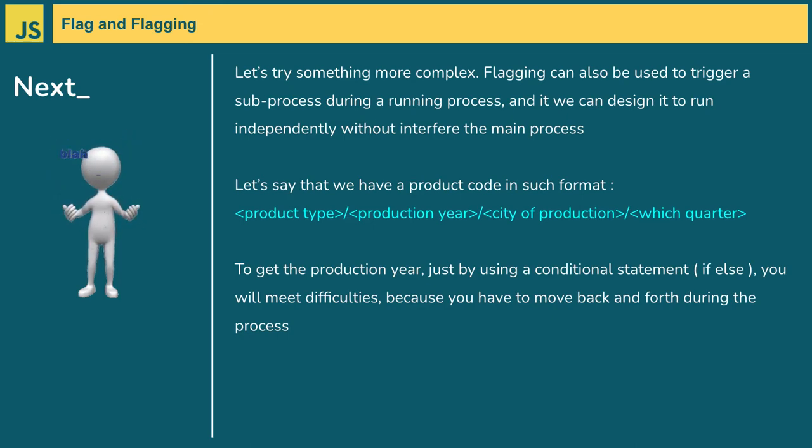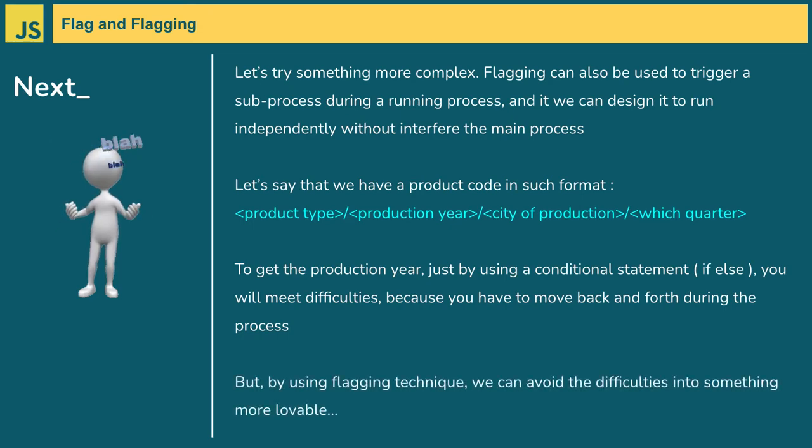The basic idea if you are using if else is, if I meet the first slash, then I will create a new nested loop to iterate all of the characters until I meet another slash, and you will do a bunch of stuff afterwards, and then you will try to produce, hey, this is the year.